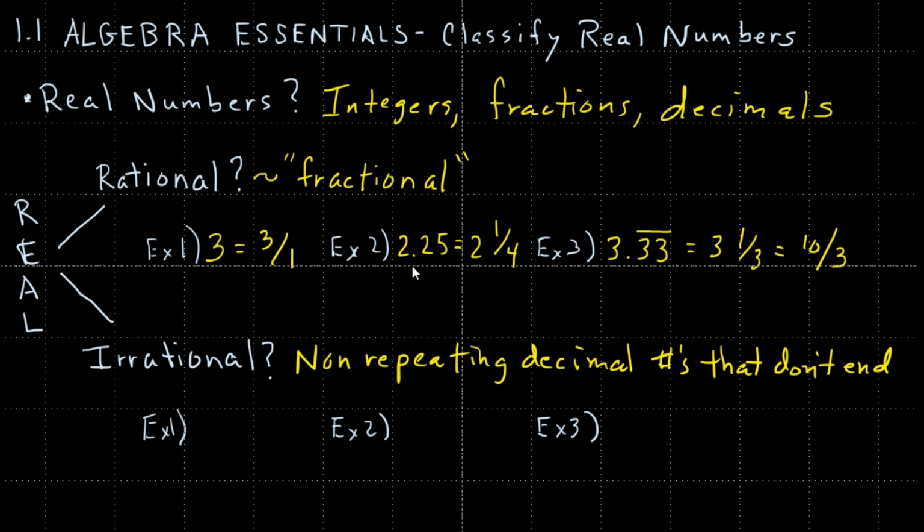So an example would be you can just pick anything, 1, 2, 7, 9, 6, and it just keeps going on and on and on, and there's no repeating pattern.